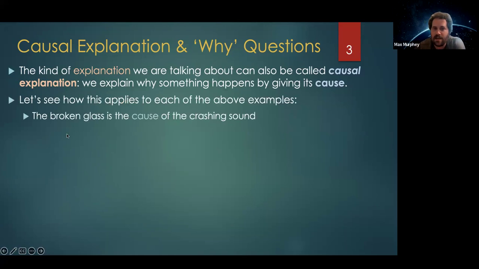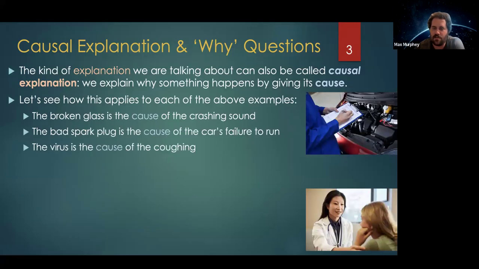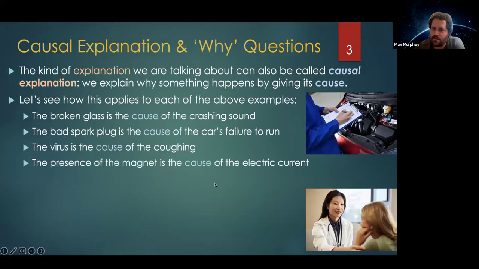The broken glass is the cause of the crashing sound. The bad spark plug is the cause of the car's failure to run. The virus is the cause of the coughing, and the presence of the magnet is the cause of the electric current. So in each case, the person who gives the explanation points to the cause of the thing that they're trying to explain, right?